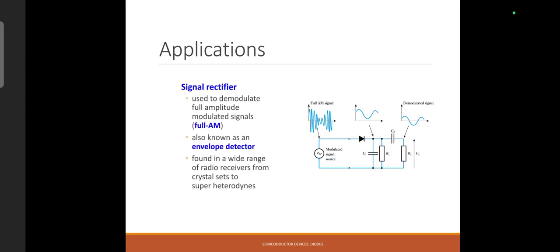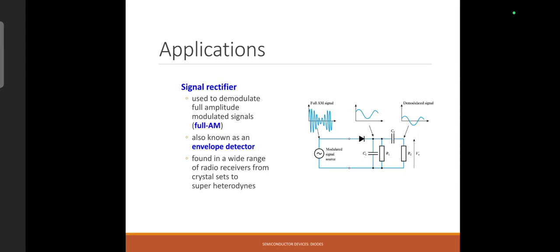Signal rectifier and clamping circuit. The diode can also be used for signal processing. A signal rectifier, also known as an envelope detector, is used in radio receivers to recover the original audio signal from an amplitude modulated, that means AM, signal. Another important application is signal clamping.